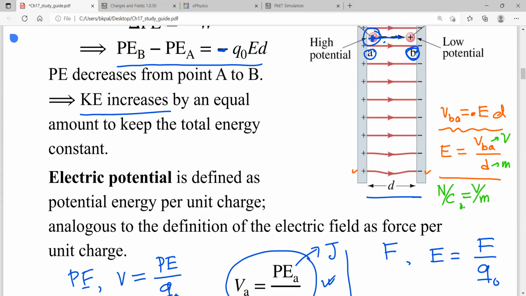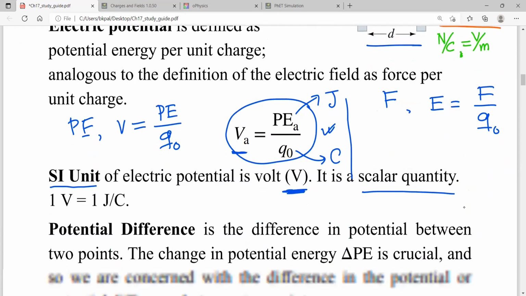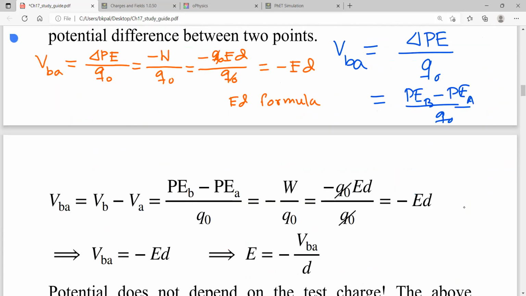So when you solve some electric field problems in this chapter, you may see that the electric field is given in volt per meter instead of Newton per Coulomb. If so, don't be surprised.